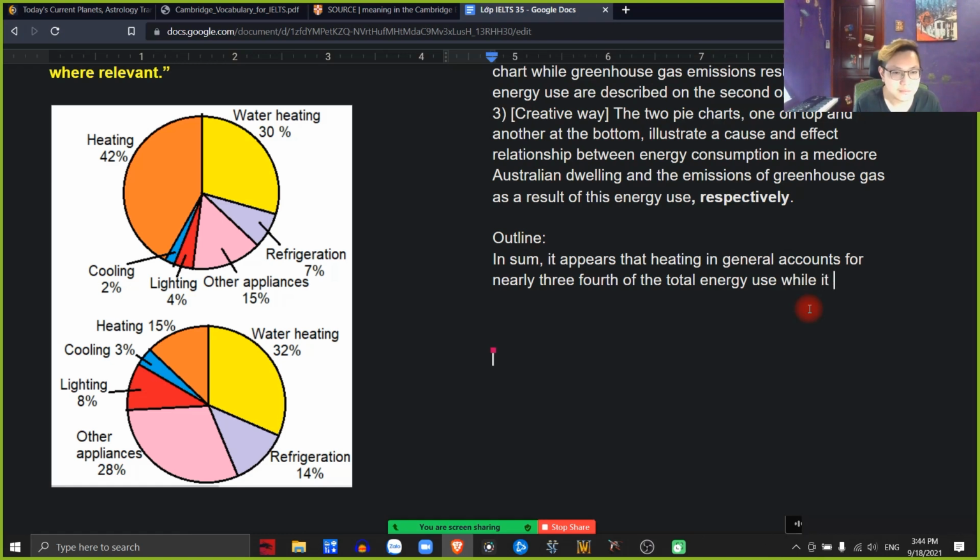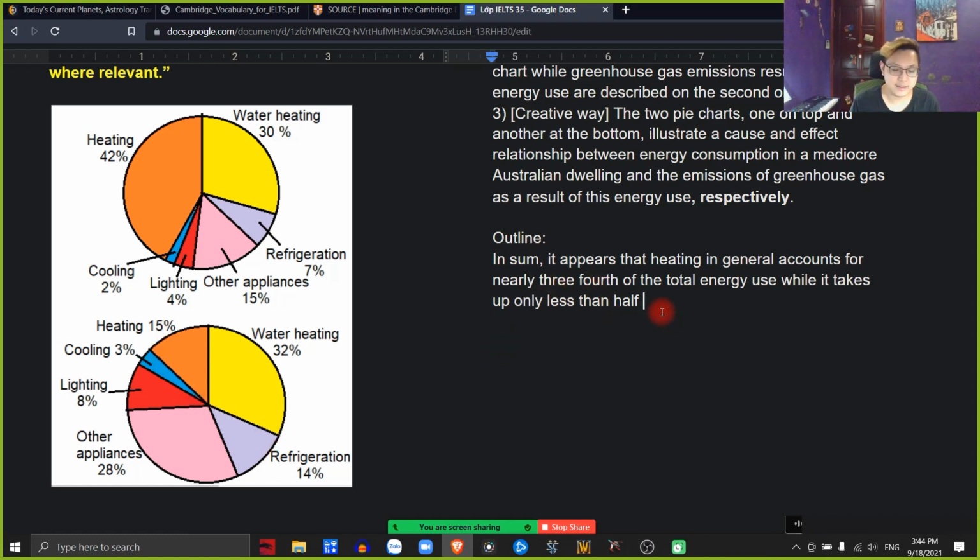While it takes up only less than half. 47% là ít hơn 50, là ít hơn nữa. 47% is like, you know, less than half.